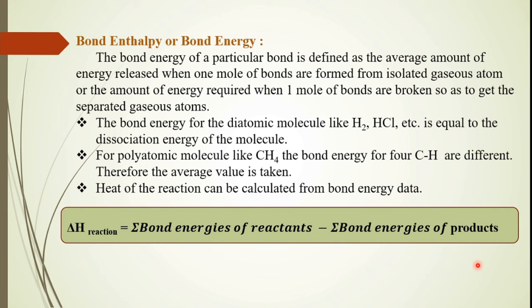So there are some sub points. The bond energy for the diatomic molecule. The diatomic molecules like H2 and HCl, that means in that molecule only one bond is present. And the heat change when that one bond is broken or that one bond is formed is known as the bond energy, and that is also equal to the dissociation energy of that molecule.